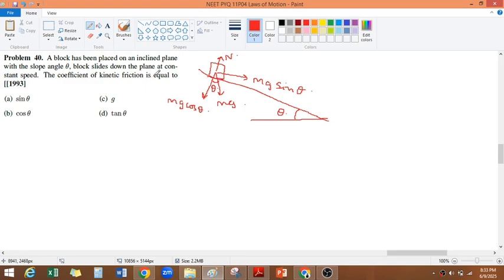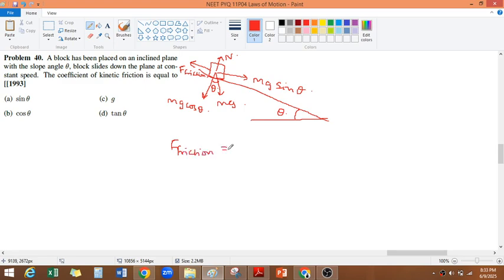Coefficient of kinetic friction equal to... so that means friction will be acting in the opposite direction. Friction, listen carefully. I don't have space here, so let me write it here.